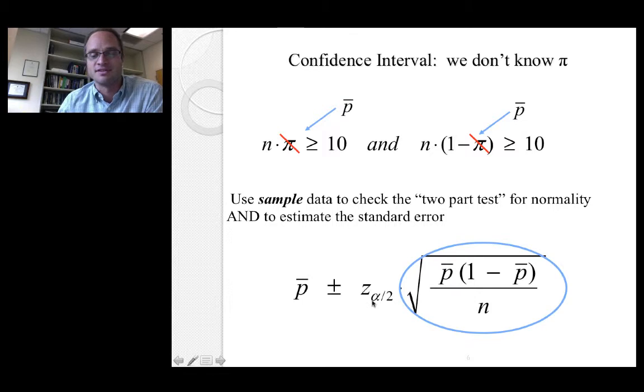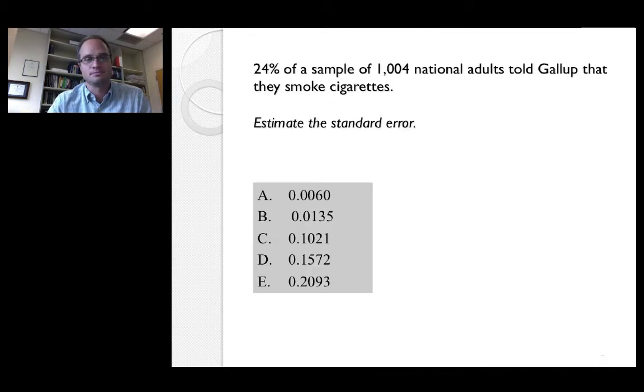Alpha is the level of significance, but that depends on the level of confidence. And circled here, of course, is the standard error. So p bar plus and minus the margin of error, which is the product of my critical value and standard error, will give us all we need for the confidence interval.